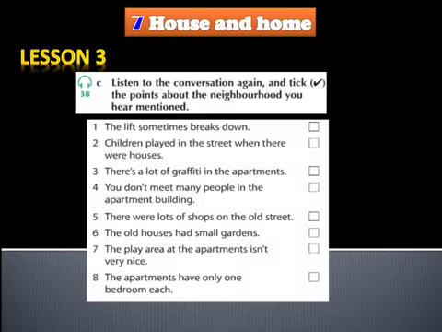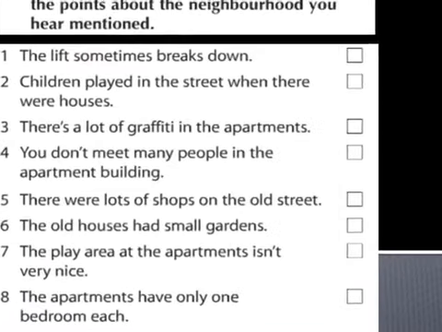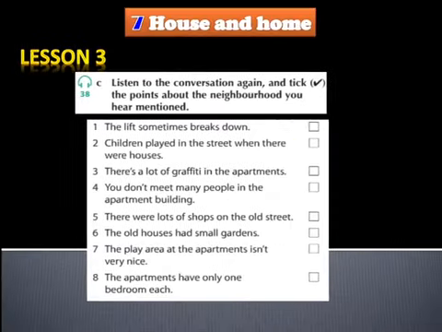Listen to the conversation again and tick the points about the neighbors you hear mentioned. They are talking about the lift sometimes breaking down. Children played in the street when there were houses.